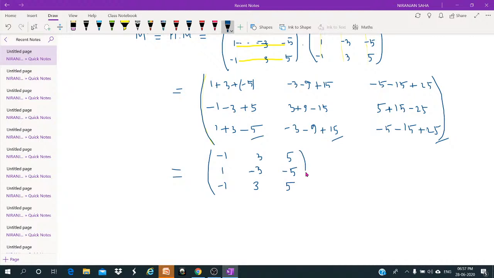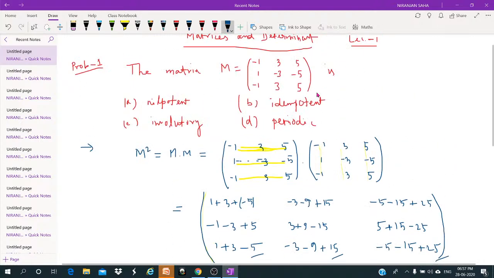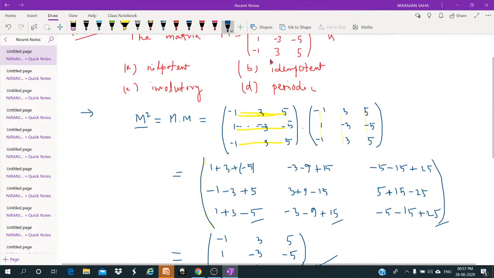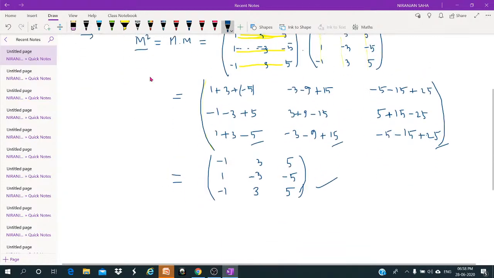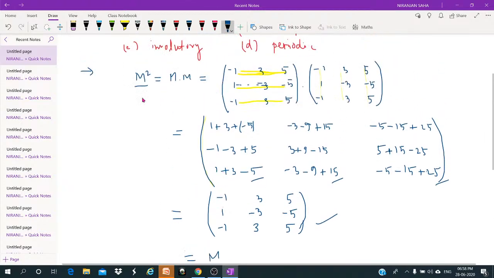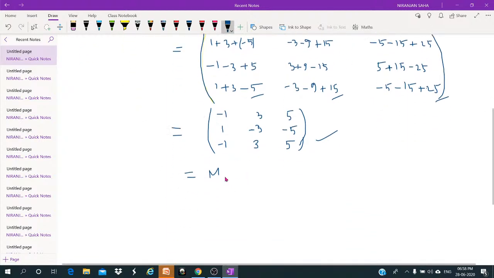So if you look at the matrix given, the matrix given is the same as what we found out, the M square after matrix multiplication. The square of the matrix is the same as the matrix given. So this must be an idempotent matrix. If any matrix satisfies that its square is equal to the matrix itself, then it is an idempotent matrix.